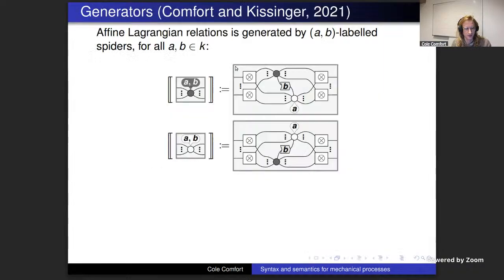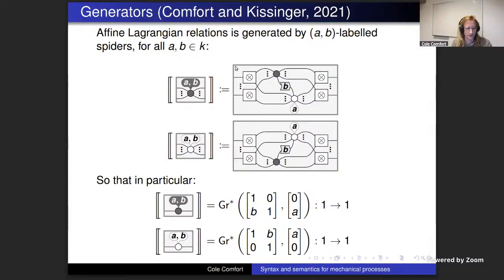So in this picture, this is the affine part, and that is the linear part. And the constant part is just gone, basically.